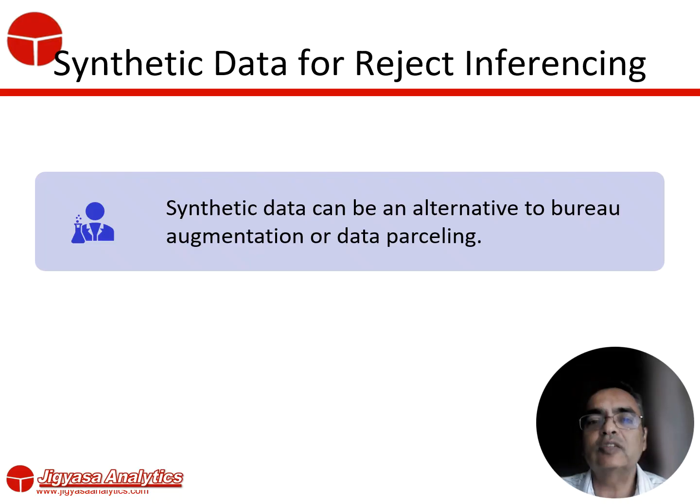There are other techniques also which do not involve going to the bureau, like data parceling, where a model built on the accepted population which funded is used to then try to predict performance on the rejected population. And there are many other techniques as well. But synthetic data can be an alternative to bureau augmentation or data parceling.